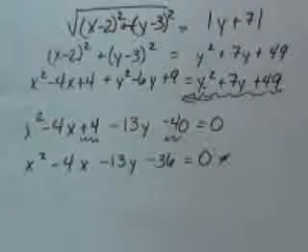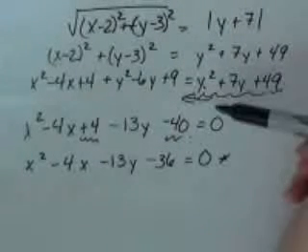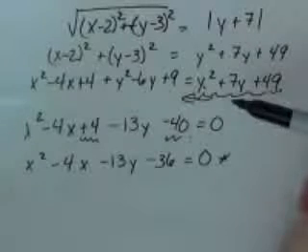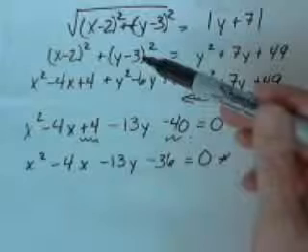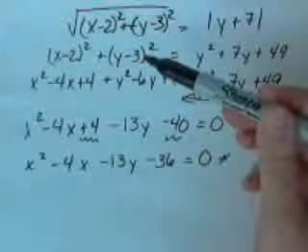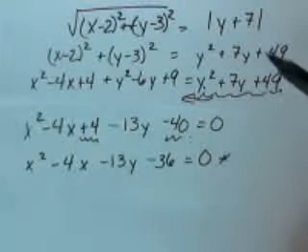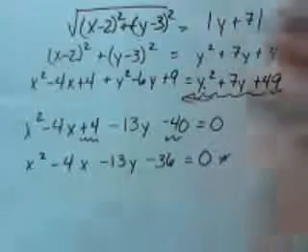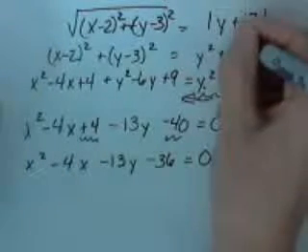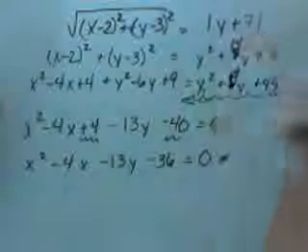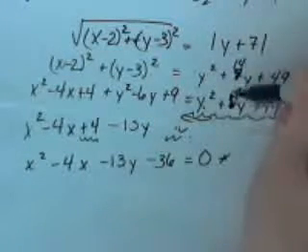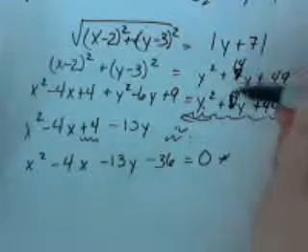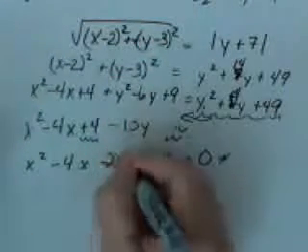I have a sneaking suspicion that I made an algebra mistake in here somewhere. Minus 6y. Oh, this should have been a 14. 14y, because when I FOIL this, I'm going to get 7y and 7y, so that should have been 14y, which when I bring it over here is going to be minus 20y.